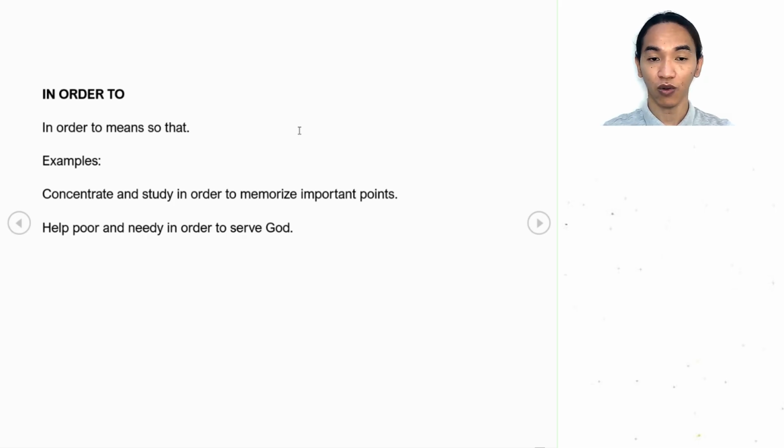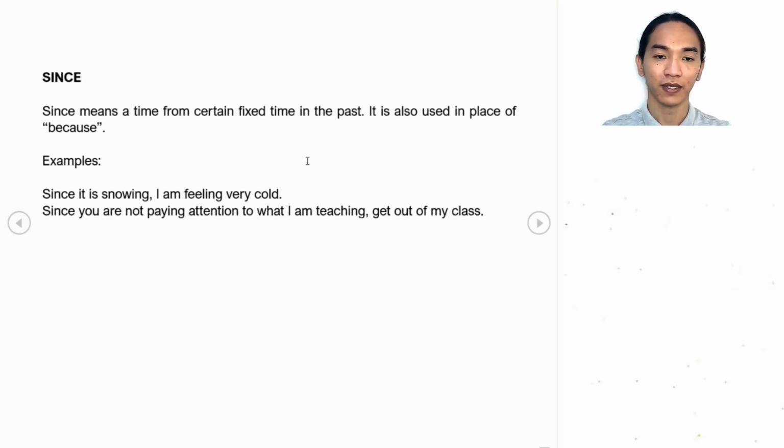Next, in order to. In order to means so that. Concentrate and study in order to memorize important points. Help poor and needy in order to serve God. Okay, in order to means so that, for the purpose. Next, we have since.